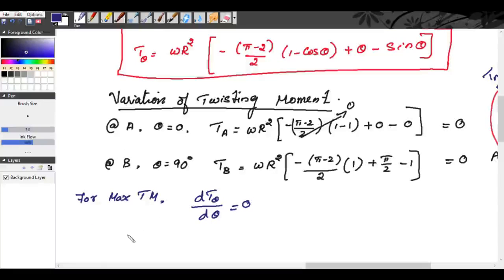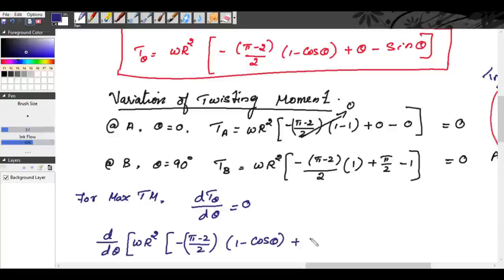So we get d by d theta of T theta, which is WR square into minus (pi minus 2)/2 into (1 minus cos theta) plus theta minus sin theta, is equal to 0.